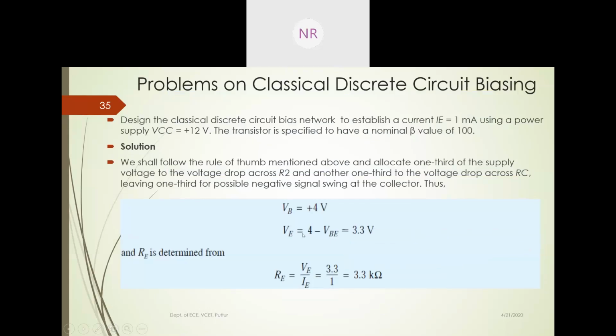So VE is VCC minus VB minus VBE. VB is 1 by 3 of VCC, so it is 12 by 3, 4 volt, minus 0.7, 3.3. 3.3 divided by IE, which is given here as 1 milliampere, equals 3.3 K.